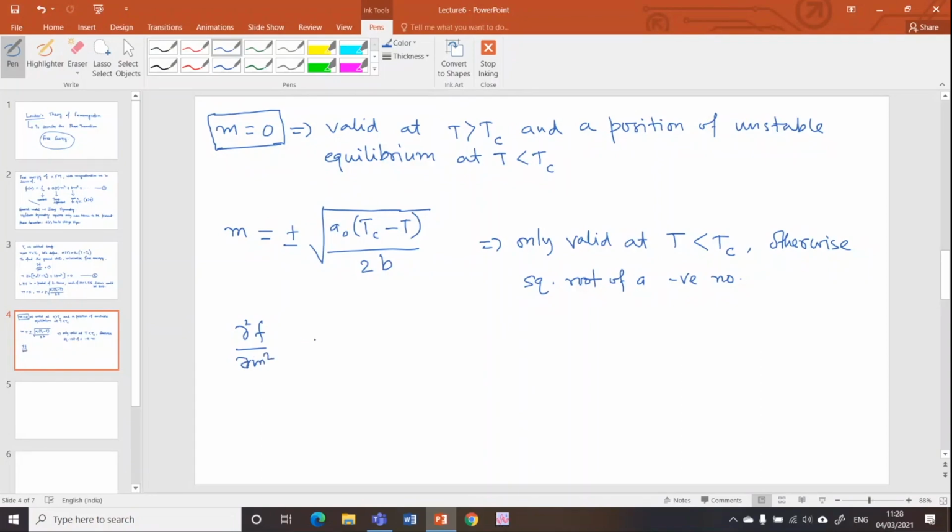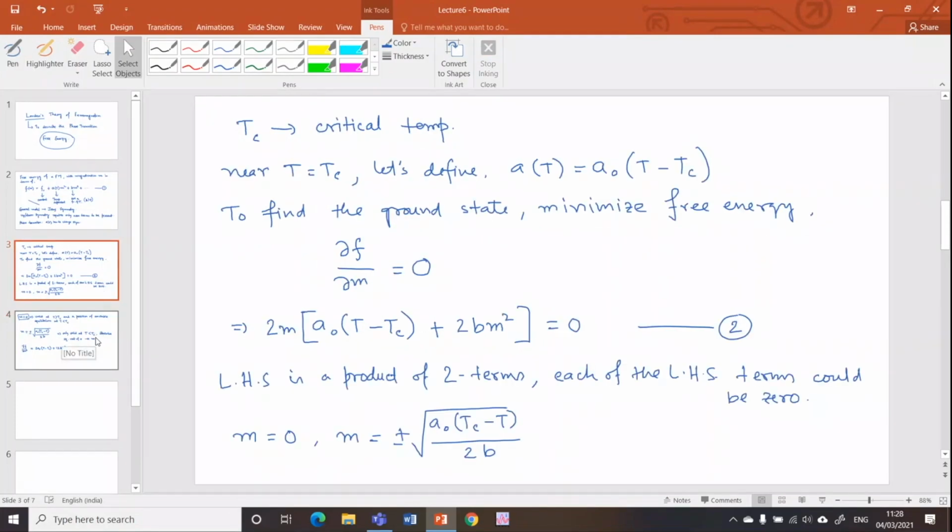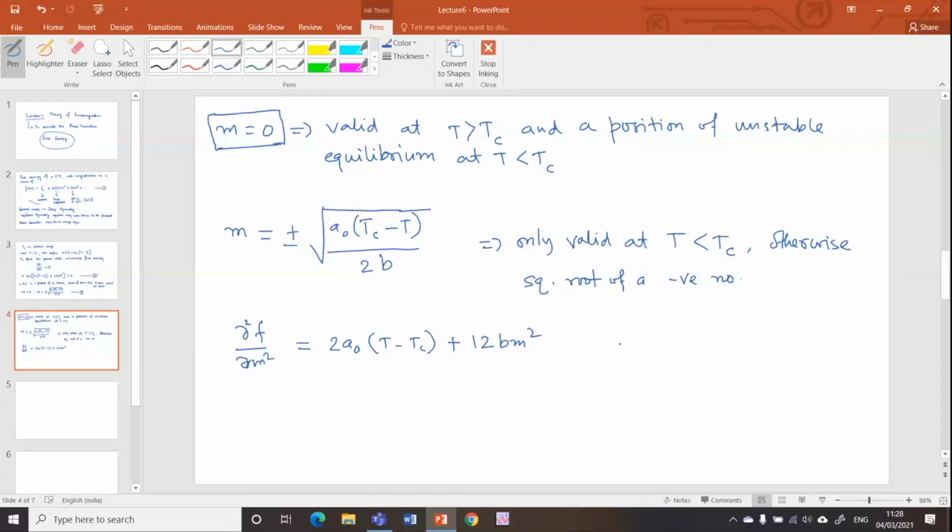I'm not solving it exactly, but you will get this answer: 2A0 times (T minus Tc) plus 12b m squared. This is equation number 3, and then this is equation number 4.